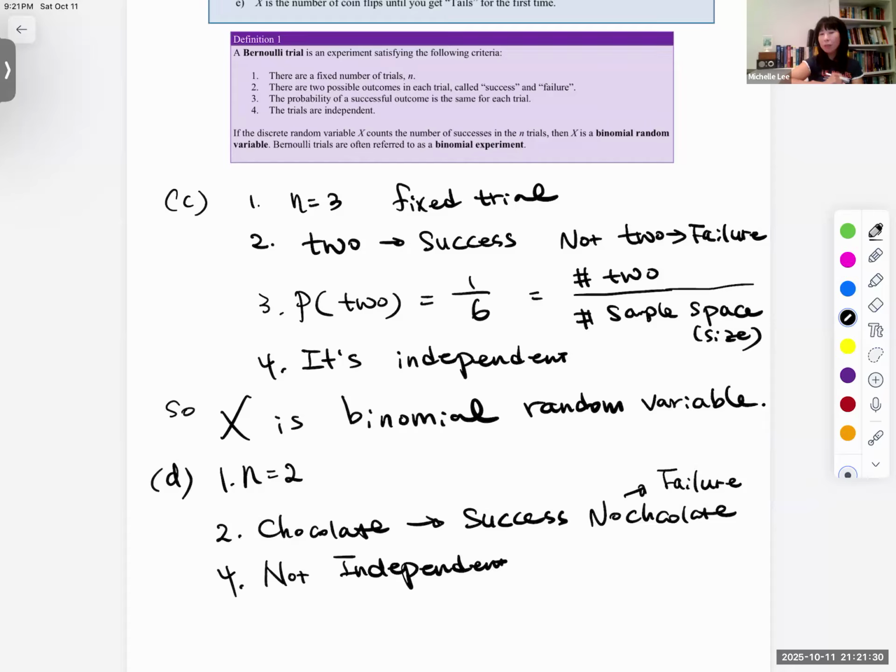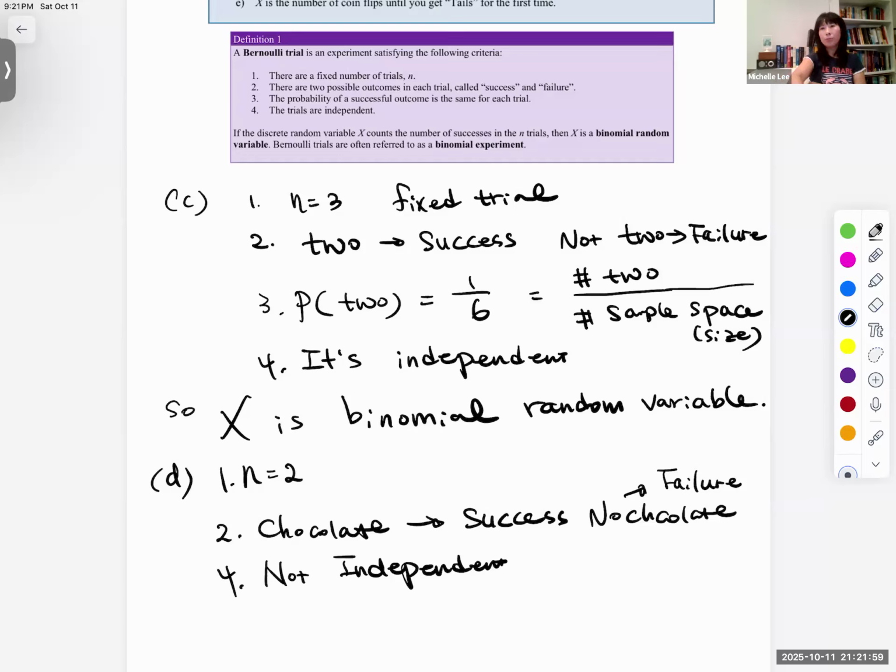If we didn't have chocolate the first time, then on the second choice there is a higher probability of getting chocolate. Make sense? So the first outcome affects the second outcome because we have only 2 choices, n equal to 2 trials. Is it clear to you?